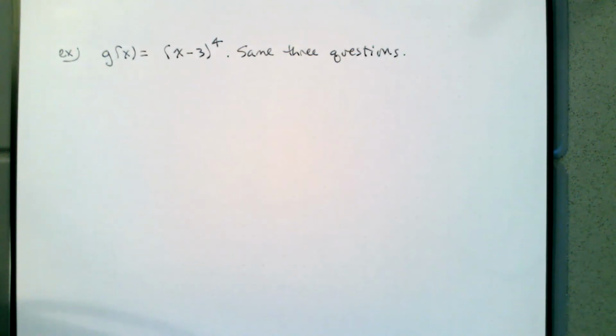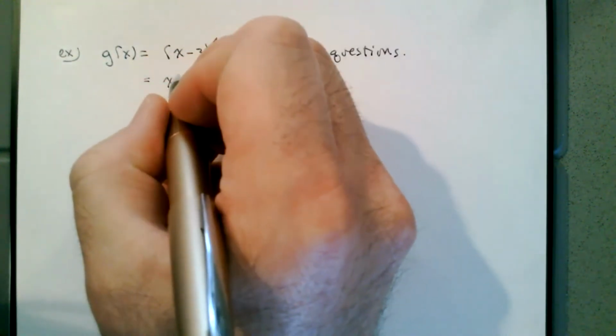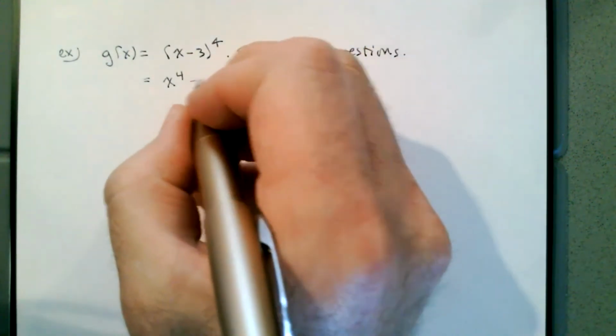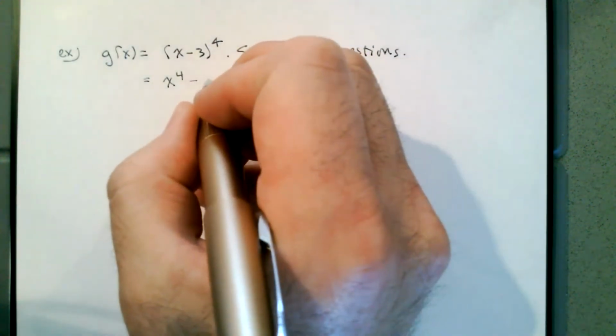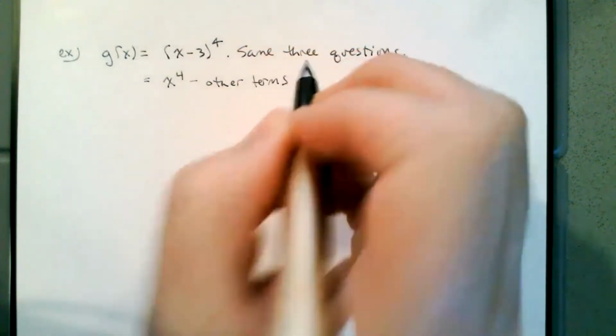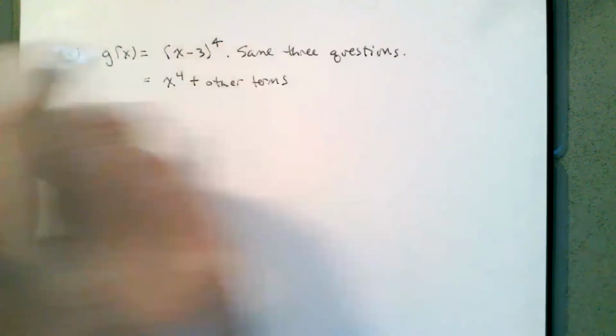So let's think about what this graph looks like, even though we know quite a bit about what this graph looks like. Originally, I was going to give you the multiplied out version of this, x to the fourth, and then a bunch of other terms. But I want to emphasize what we know just by looking at this as x to the fourth, and then a bunch of other terms.